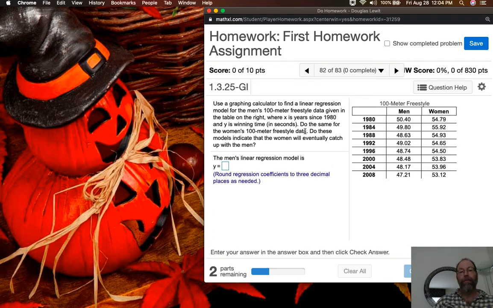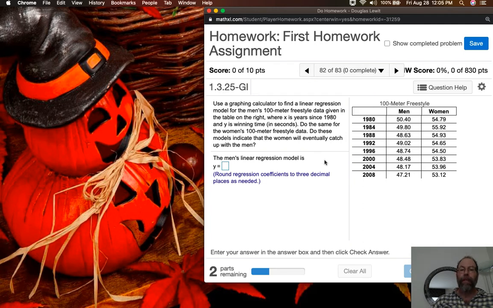Do the same for the women's 100-meter freestyle data. Do these models indicate that the women will eventually catch up with the men? That's a little bit subjective, but we can try to answer that question.